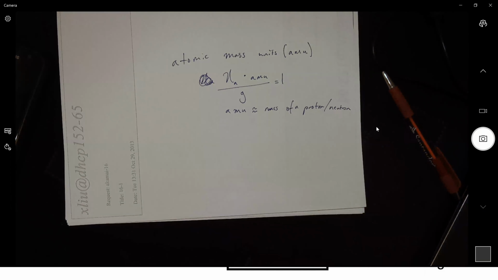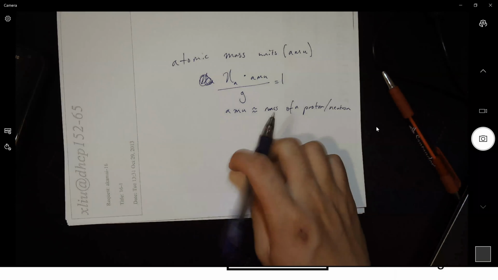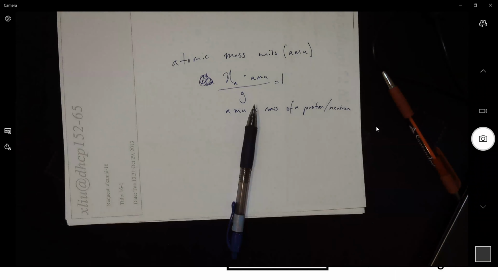So, can someone tell me how much a proton weighs? Put the number in the chat, please, so I can check it. What is the mass of a proton in grams?